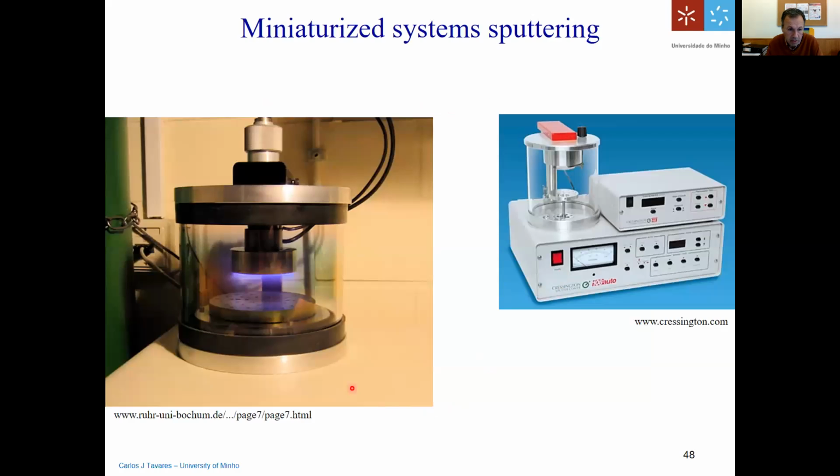These are some miniaturized systems for sputtering. For example, for the deposition of gold on samples prior to going to SEM. When you're using scanning electron microscopy, if your samples are insulating, for example biological materials or polymers, you really need to coat a very thin layer of gold, about 5-6 nanometers, so that the surface of your sample is conductive and you can see it in the SEM, okay?